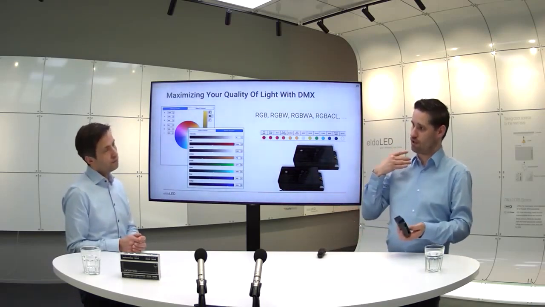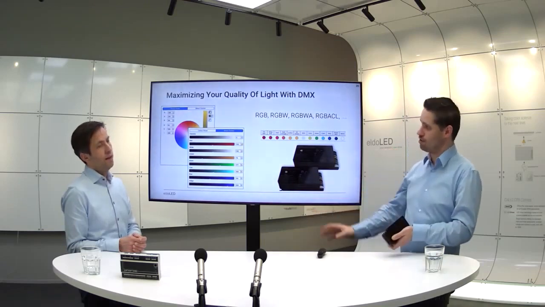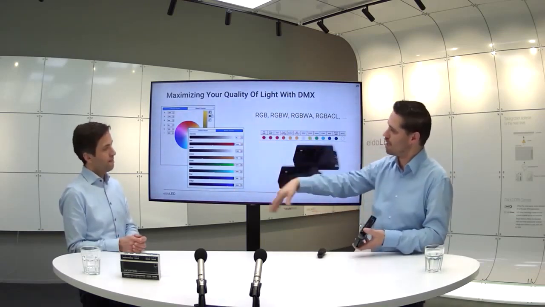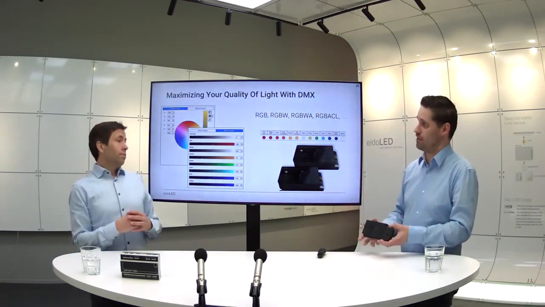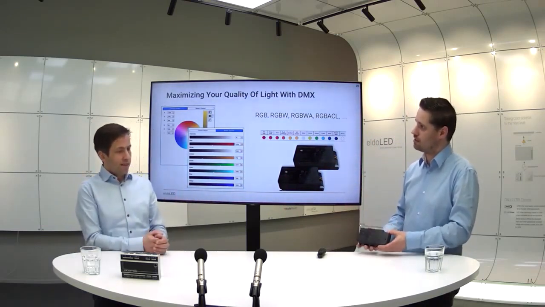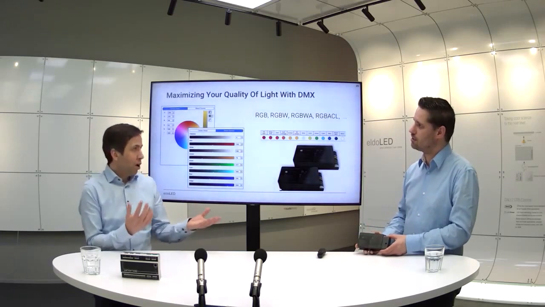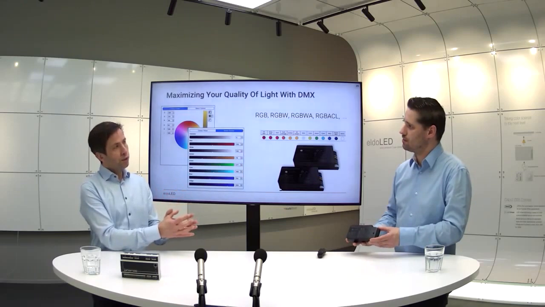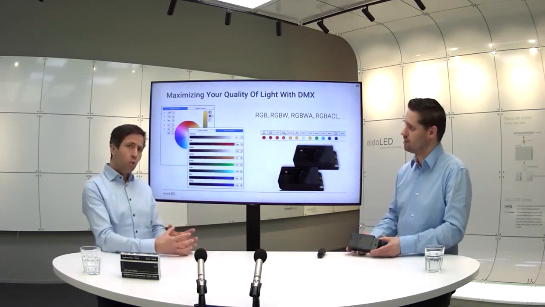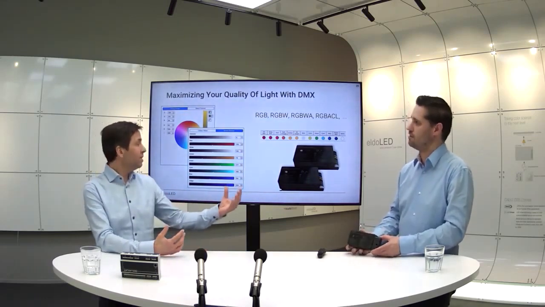But what happens if I want to use 7 or 8 channels? From a color picker, I understand it, but how will that work from a driver perspective, Bas? Can you help me out there? Of course, the benefit here is that, again, with DMX the values are not defined. So you can very conveniently put 2 drivers into a single fixture. And this one fixture can maybe consist of 7 emitters, right?